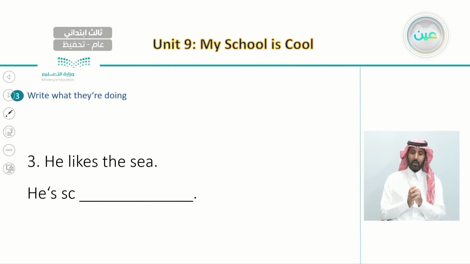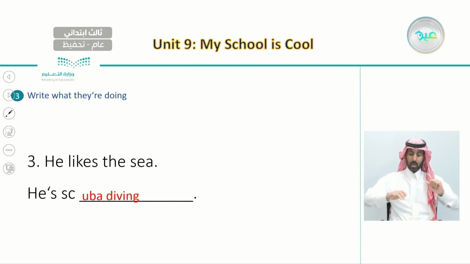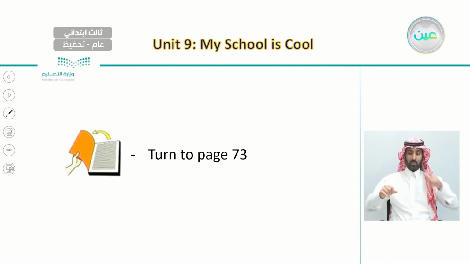It is also about a sport related to the sea that starts with S and C. Can you think of what this sport might be? It is scuba diving. So you can say he is scuba diving.